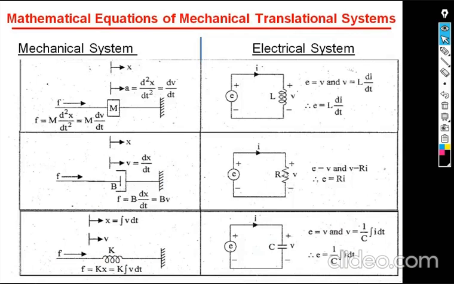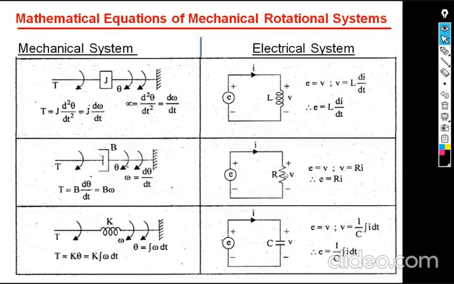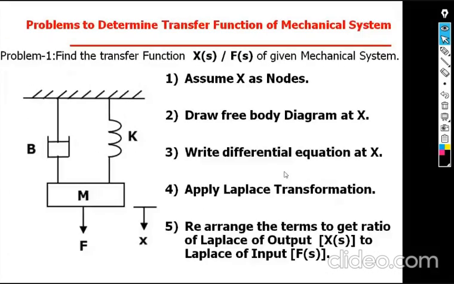And further, the mathematical relationship between the force F and the output variable X for mass M, and then B, K, I have given in detail for both mechanical translational and rotational systems. In the previous week, we solved how to find the transfer function of a mechanical translational system by using these 5 steps of procedure.